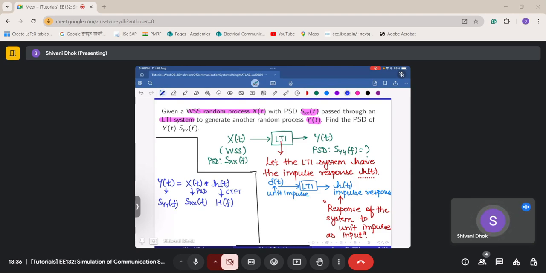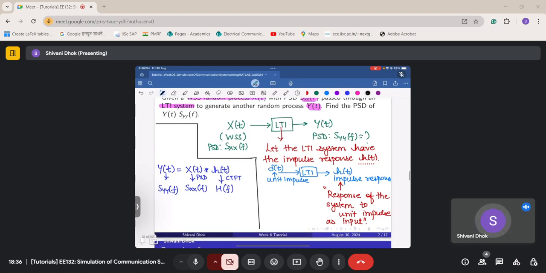We need to figure out the relation between Syy(f), Sxx(f), and H(f). By the definition of convolution, y(t) can be written as the integral from minus infinity to infinity of x(tau) h(t minus tau) d tau, and we can also write this as the integral of x(t minus tau) h(tau) d tau.